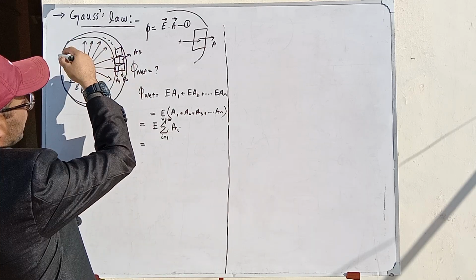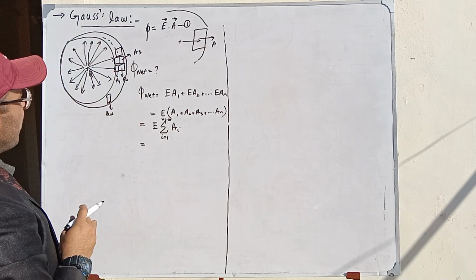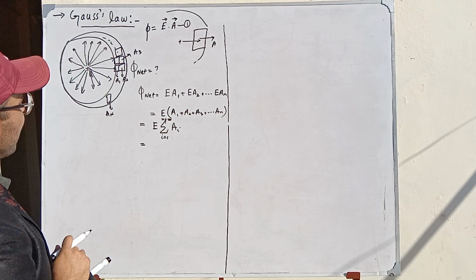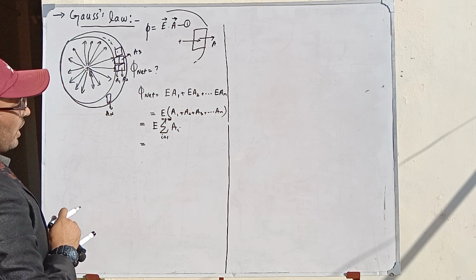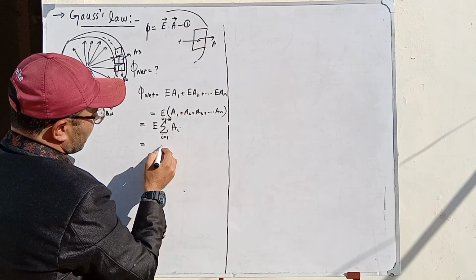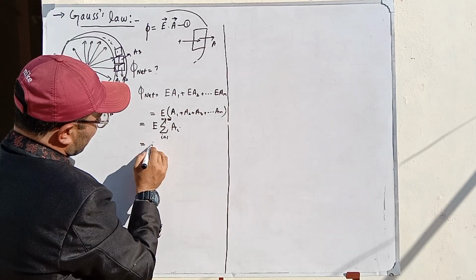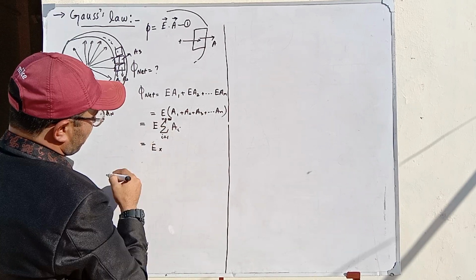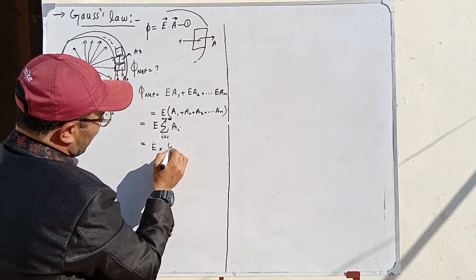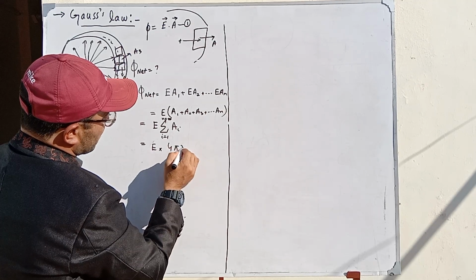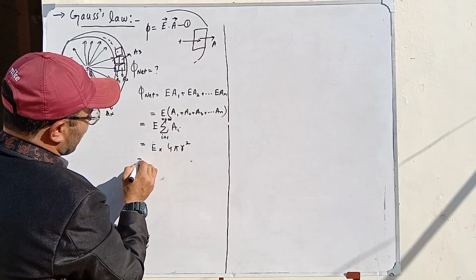I have a special formula for the area of all spherical shapes, so the sphere has an area of E, where E is the electric field intensity, and the area for a spherical shape is 4 pi r square.